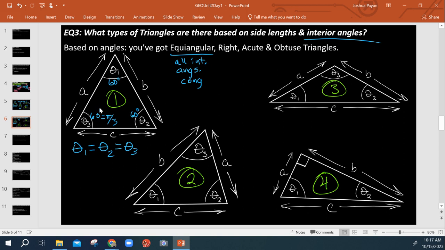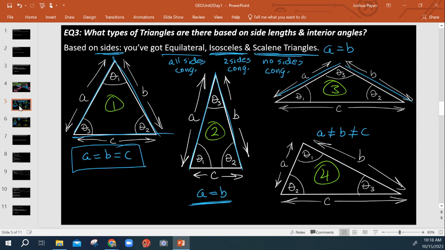But that means anytime I have an equiangular triangle, all three angles must be 60 degrees. On that same note, because all three angles are equal, that means all three sides must be equal.